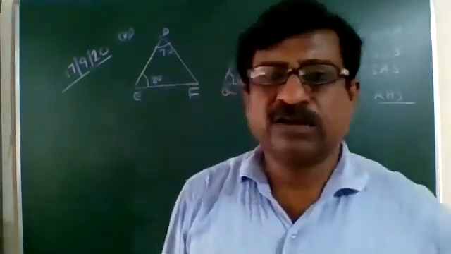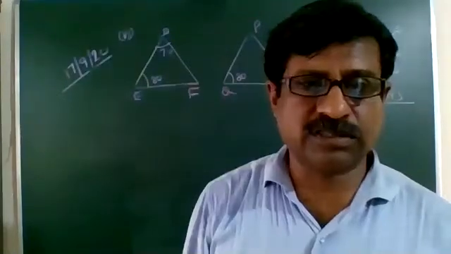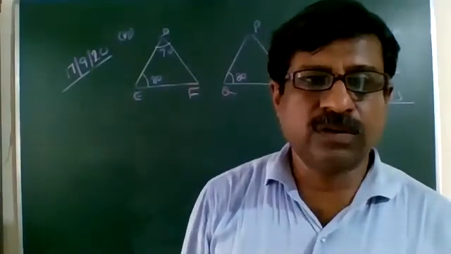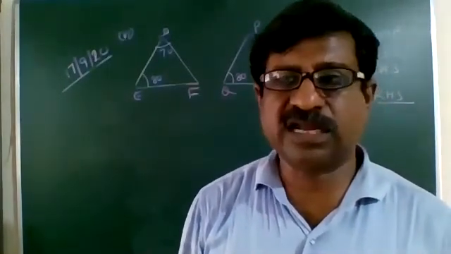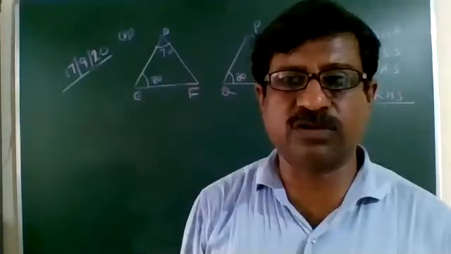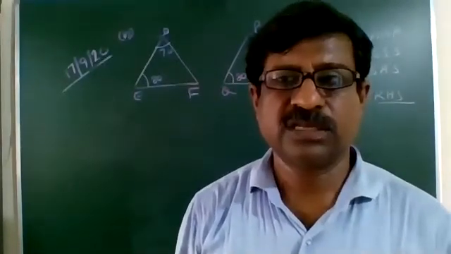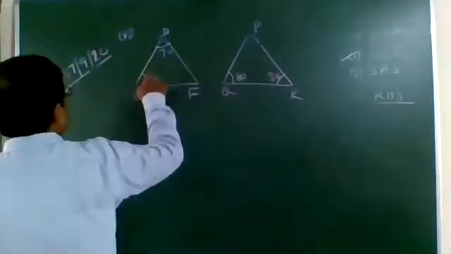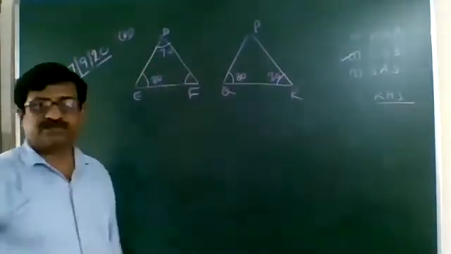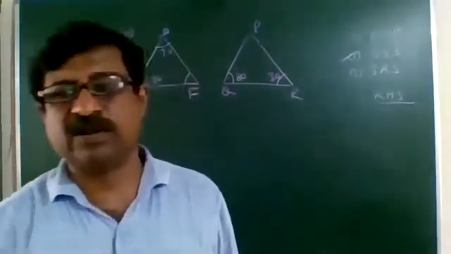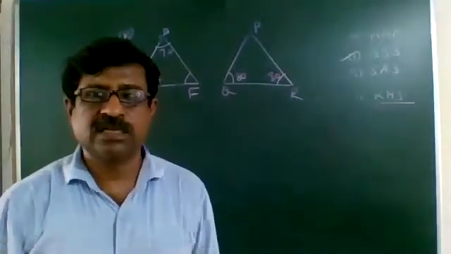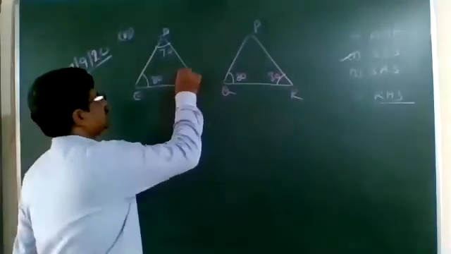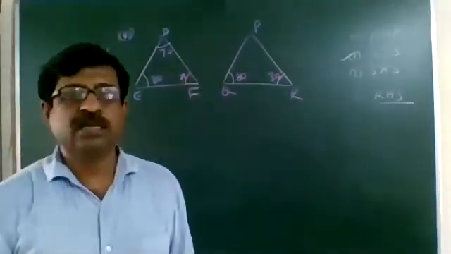We have to find out whether the triangles are similar or not. Only two of the angles are given. If two angles of one triangle are equal to two angles of another triangle, then the triangles are similar. Here we got the angles as 70 and 80, but this angle is not given. We try to find out one of the angles of this triangle. Suppose this is X.